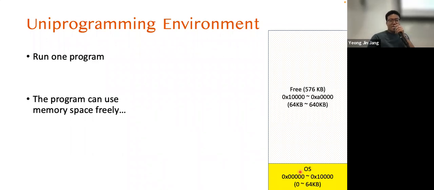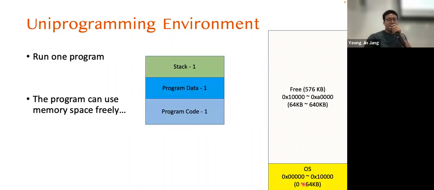Suppose we have an operating system in the low 64 kilobytes, and then one program to run. Most programs have a stack, data, and code area, so I depicted them as three different areas. If there's only one program, the developer has the freedom to use any memory region.